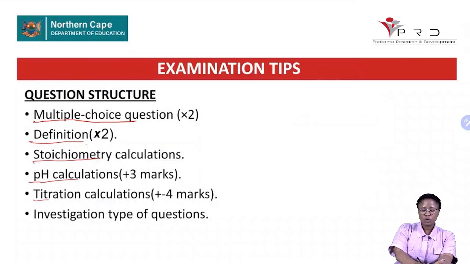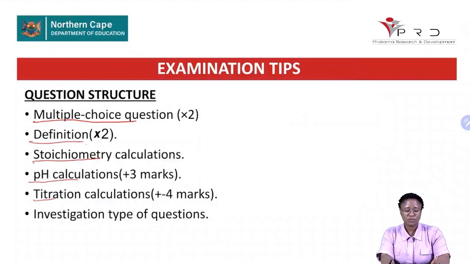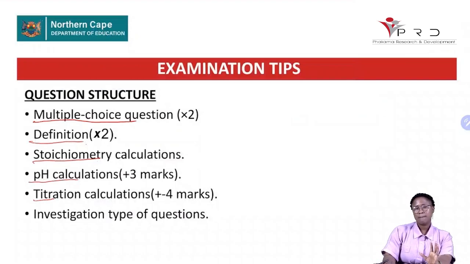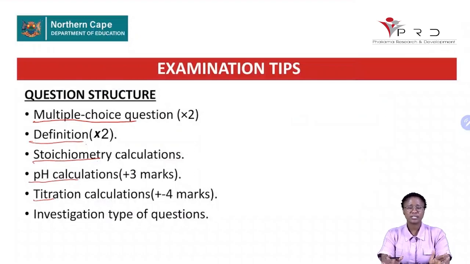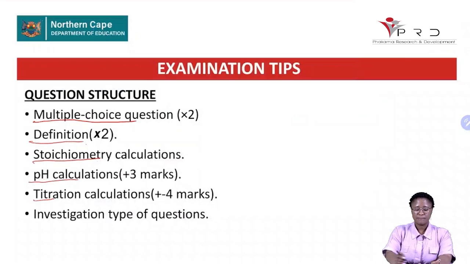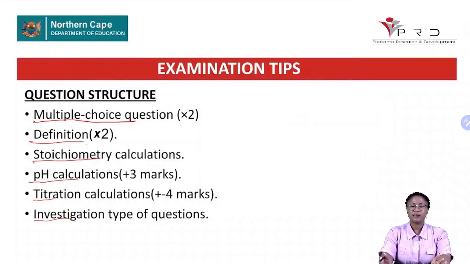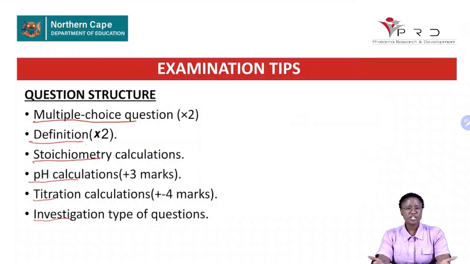You are also going to be doing titration calculations, and this is normally plus minus 4 marks, depending on how the question is structured by the examiner. And then lastly, the investigation type of question. Under acids and bases, you could be investigating the relationship between strong acids and weak acids, or doing a titration experiment.